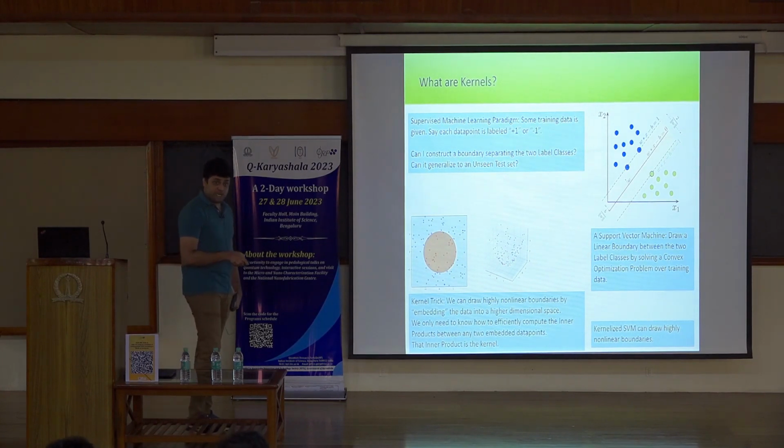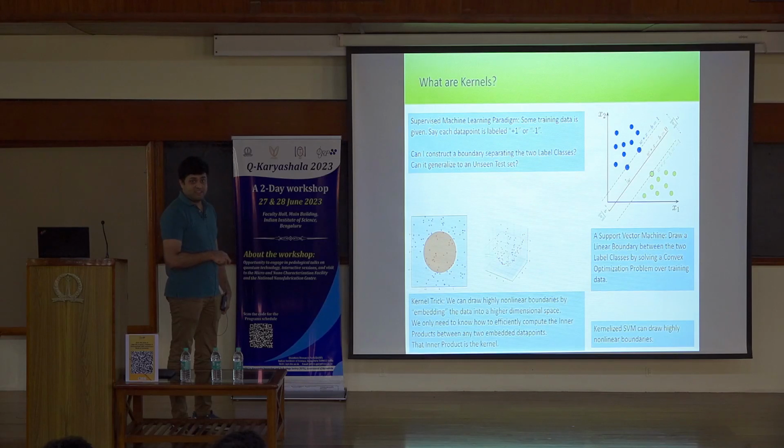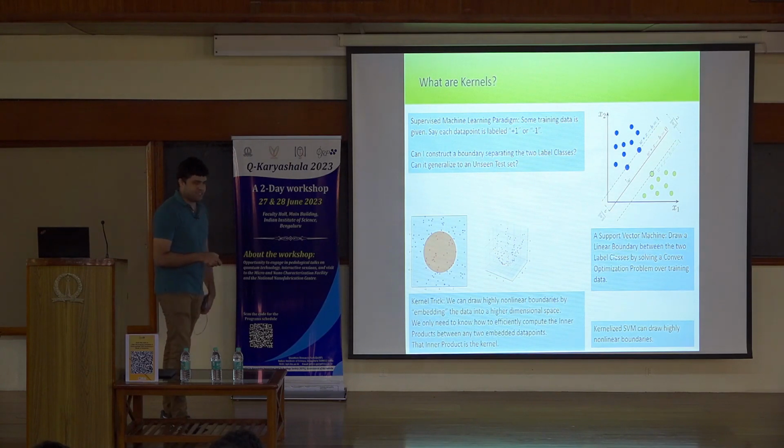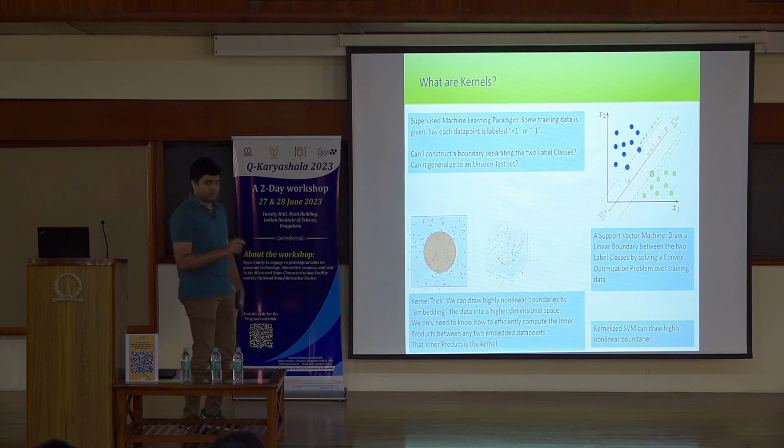Using this kind of method, you can draw really nonlinear boundaries in the original data space. What is crucial in this kernel trick is that you don't actually have to evaluate those vectors in the feature space. You only need to efficiently evaluate inner products. That's a very important thing.